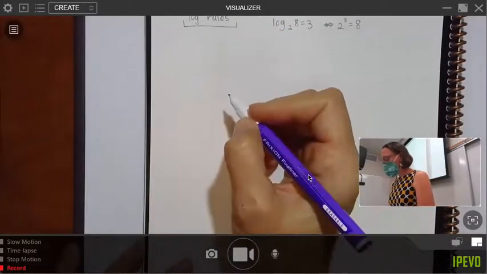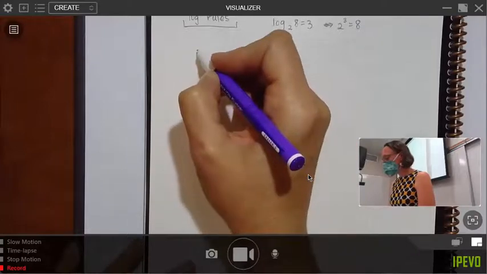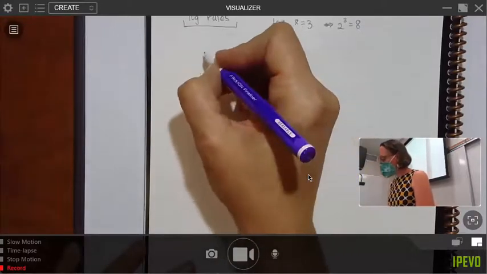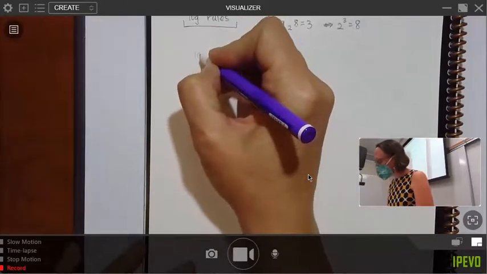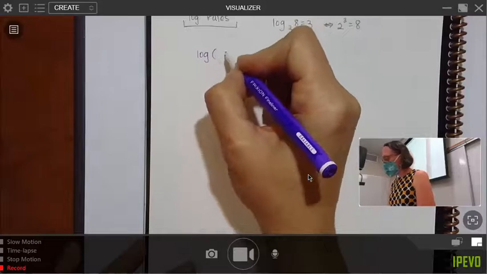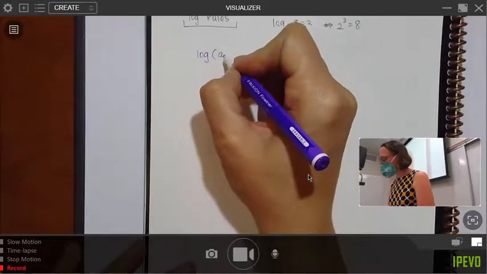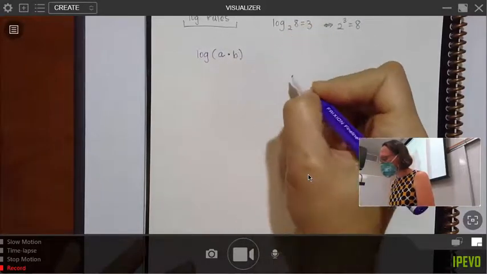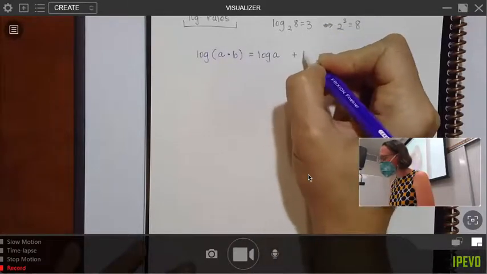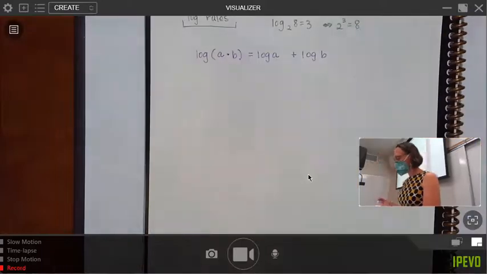The first of our log rules goes along with the additive law of exponents. And that is that if I have log of A times B, that's equivalent to log of A plus log of B.